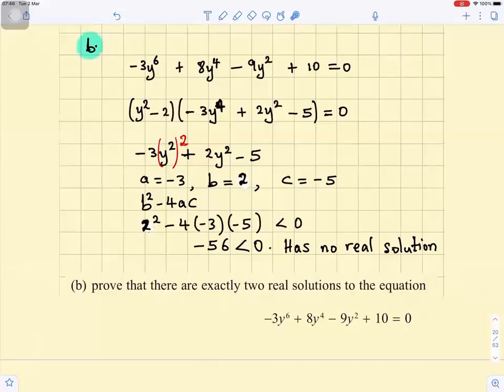So part B, we have minus 3y to the power 6 plus 8y to the power 4, all of that. So we can have y squared minus 2, bracket, minus 3y to the 4 plus 2y squared minus 5, equals 0.